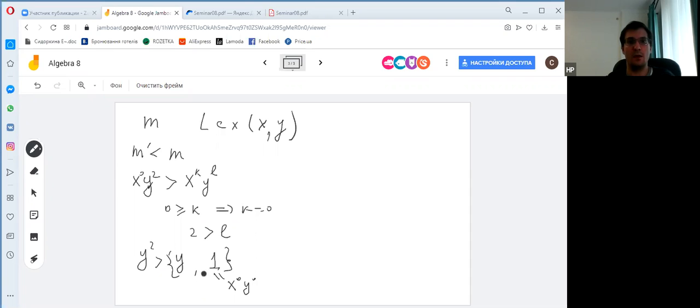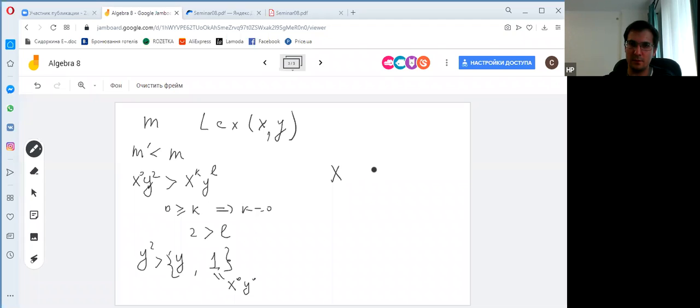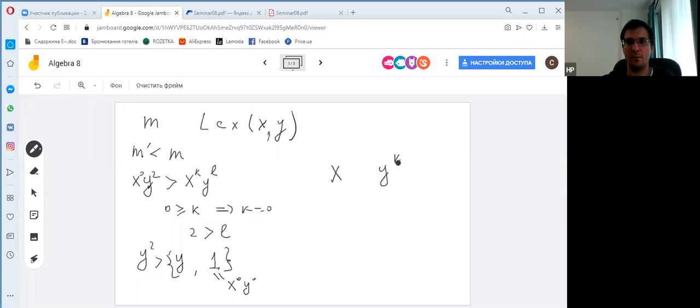Okay, and if I have, for example, x, how many monomials are smaller than x? Infinitely many. What is the form of these monomials? y to any power, yes.